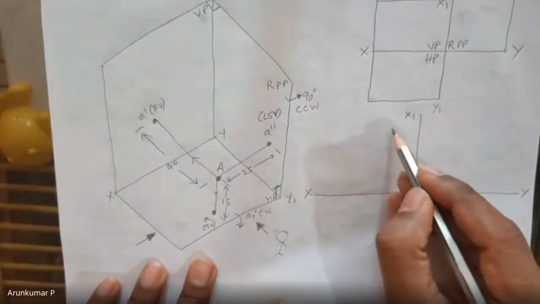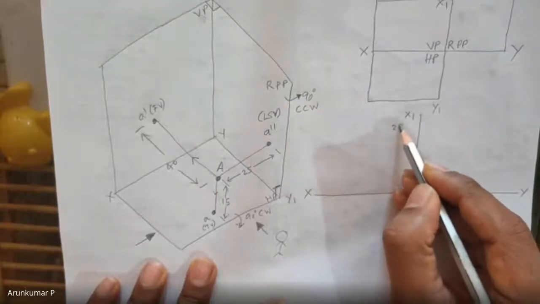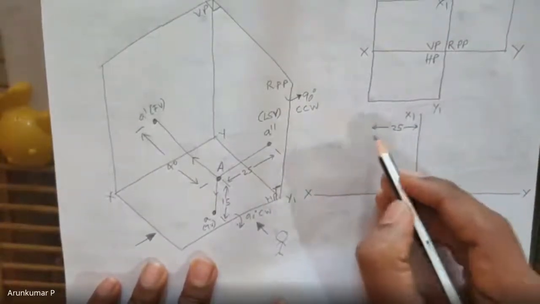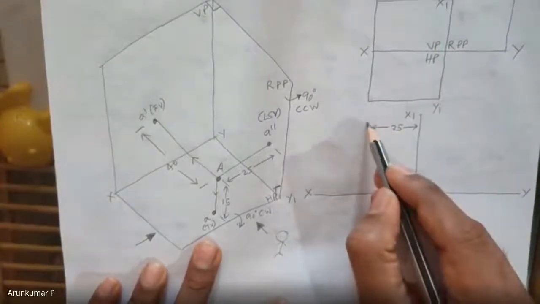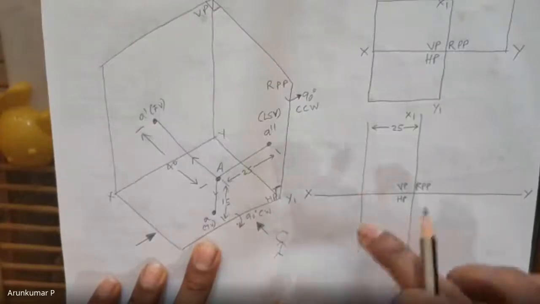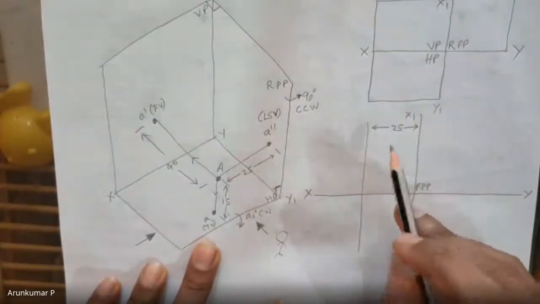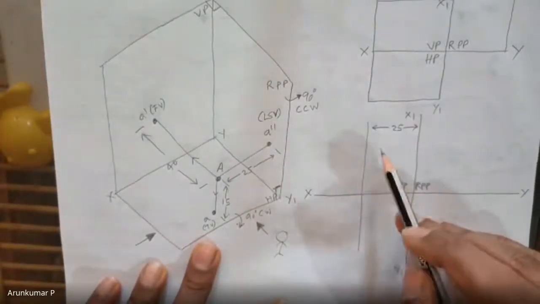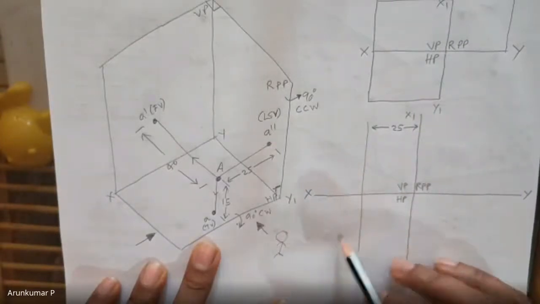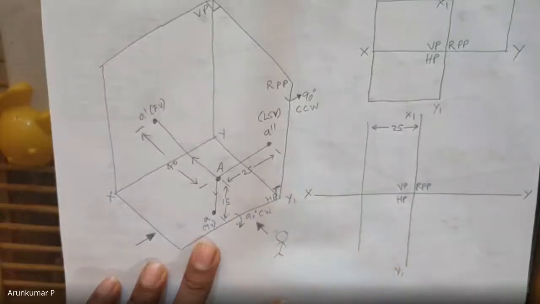Please note this point. 25 mm away from RPP you have to draw a vertical projection line. Somewhere on this line you will get the front view above the XY line in VP, and somewhere on this line below the XY line in HP you are going to get the top view.